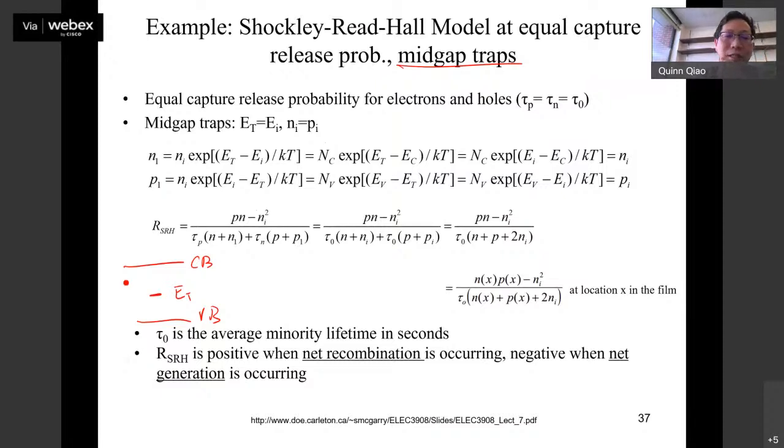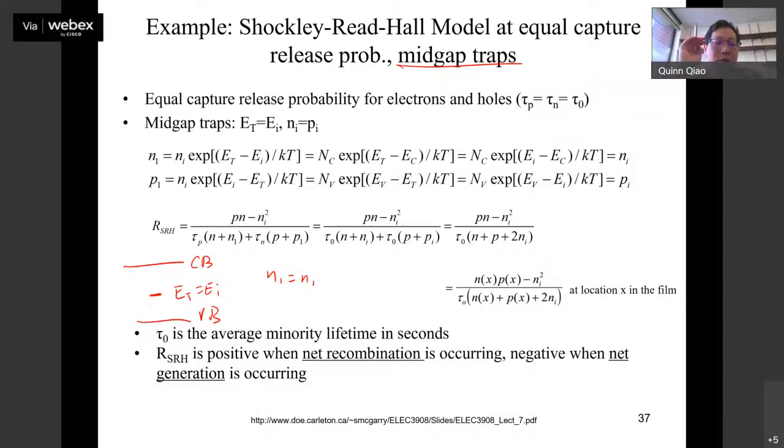Okay, if this is just mid gap, just midway, then you can follow this equation, N1 P1, because this one has Ei, right? This equal to Ei. When it's equal to Ei, that's basically telling you what? That's ni, right? That's ni. So the N1 will be equal to what? ni. N1 is what? The trapped electron concentration.